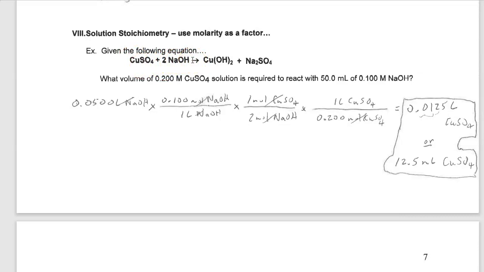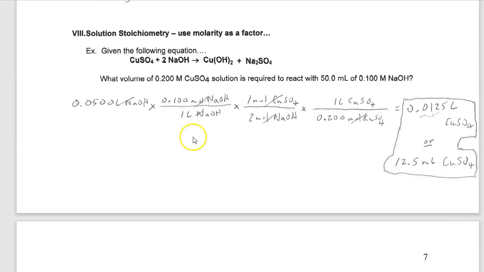I can't say that, because coefficients in a balanced equation are not liter to liter ratios. They're mole to mole ratios. By the way, if they were the same concentration, actually I could do that, but that's simply because 1 mole of this would react with 1 mole of that. But no, you can't go from liters to liters.